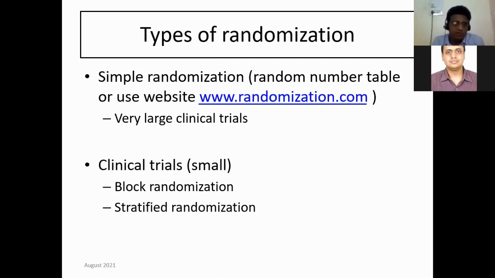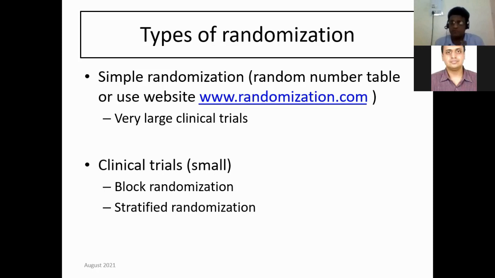One of the simple ways is using a random number table, but at this point in time we usually use a website like randomization.com. There are multiple websites which can help you, but one of the very user friendly websites which I have seen is randomization.com. Simple randomization is very useful for a very large clinical trial.